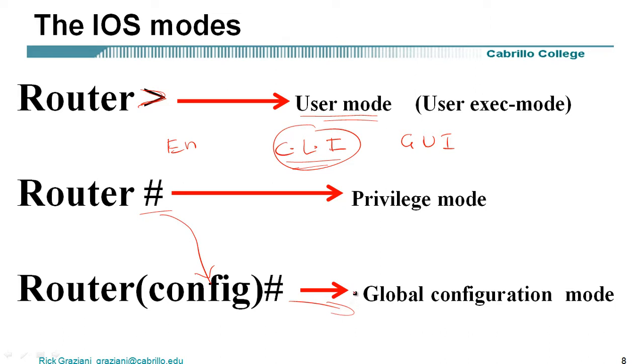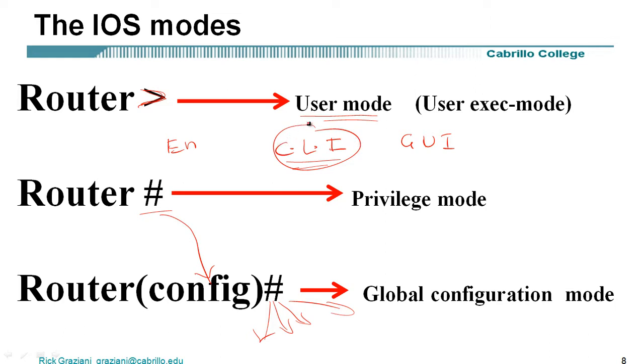Basically, this is where we do the configurations. So from the global config mode, you go to like 1,000 other modes that we will not master in CCNA, and even if you go all the way to CCIE, you probably will not exhaust them, not unless you do all the tracks in Cisco. So maybe this is where you do CCIE routing and switching, CCIE voice, CCIE security, all the tracks that Cisco has to offer.